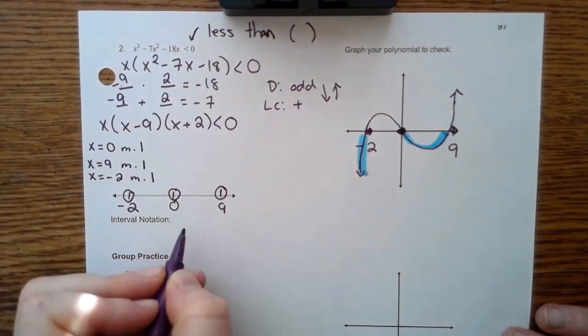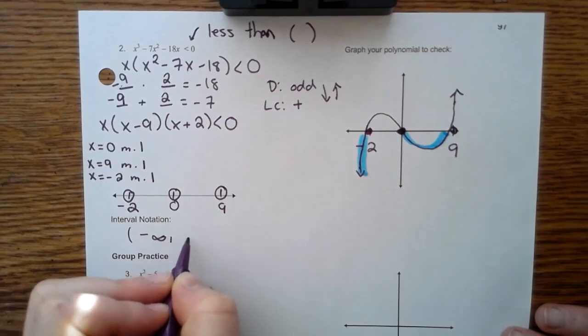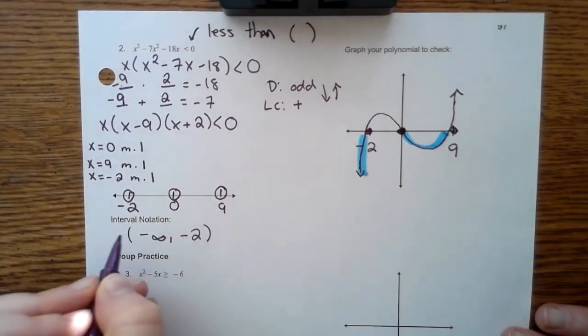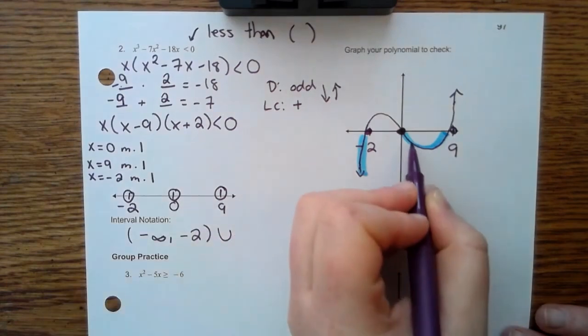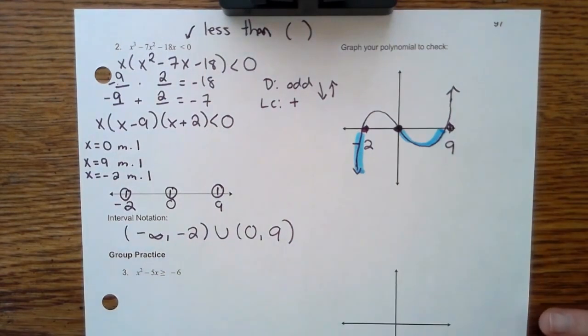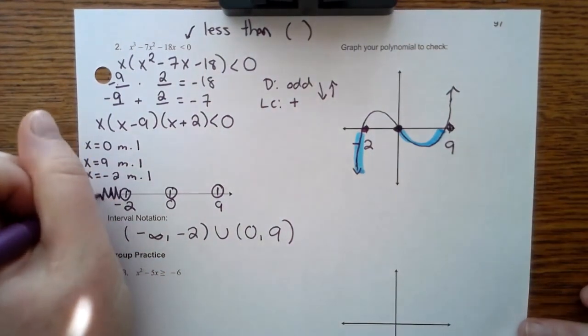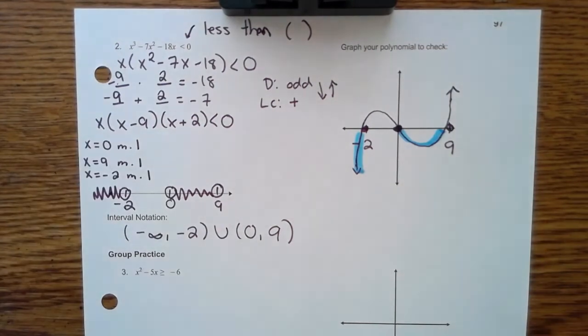So in interval notation, I know from -infinity to -2, parentheses because of the less than, union 0 to 9. So what that looks like on here, I would shade here and shade here. So that's what it looks like.